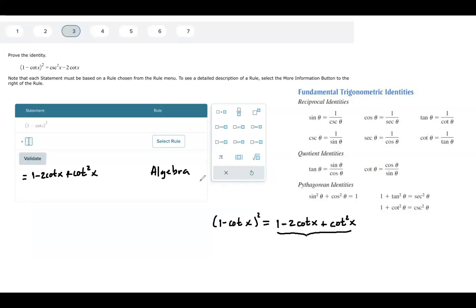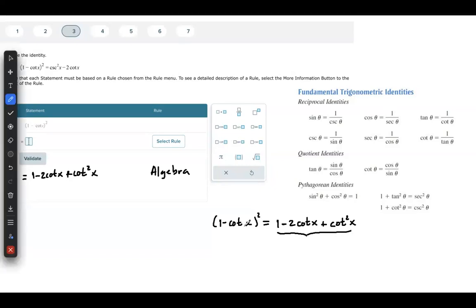Now, we can always rearrange our terms. And if you recall at the beginning, I wanted so badly for this to turn into 1 plus cotangent squared, because that would lead me to this identity. So let's try to push our expression into becoming that.